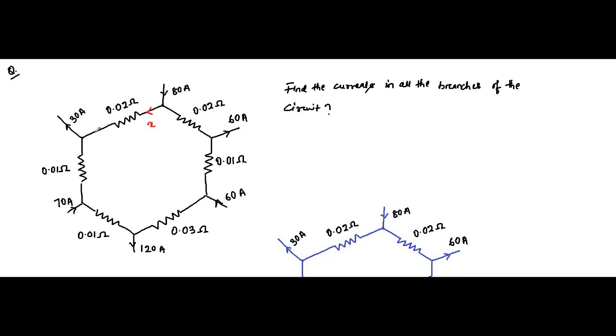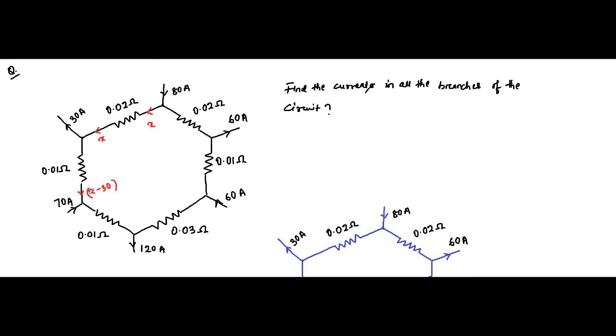So here also it is X at this node. Here 30 ampere is flowing away, it is exiting the node. So here the current will be X minus 30 ampere, because at this node current X is approaching, 30 ampere is leaving, so it will be X minus 30.